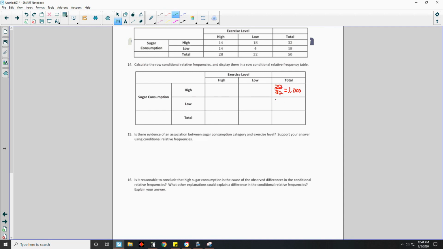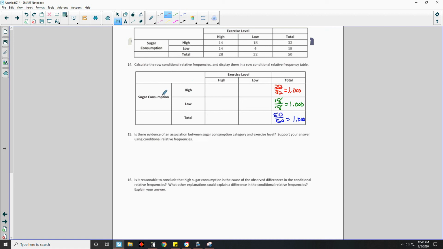There are 18 out of 18, and that's 1.000. And then the total was 50 out of 50, which is 1.000.